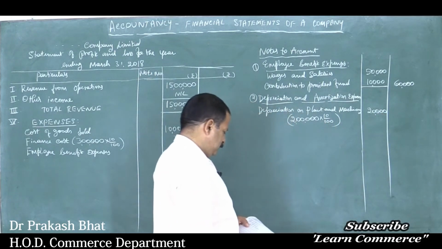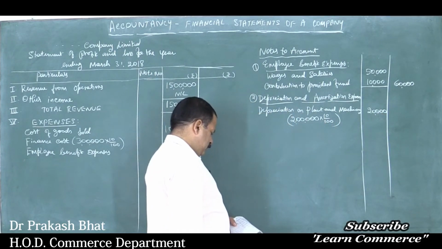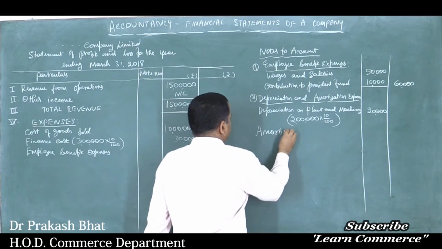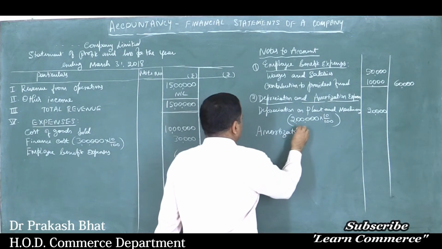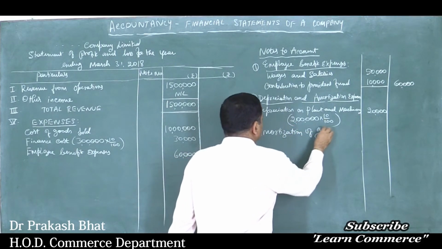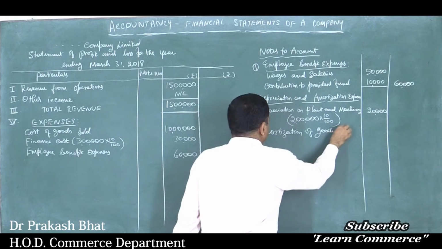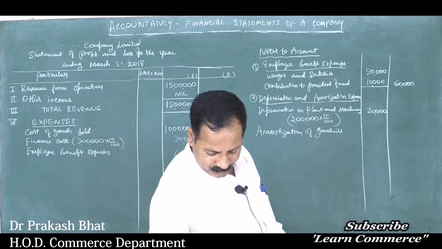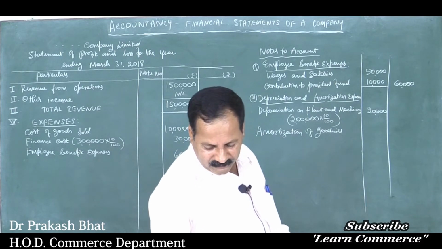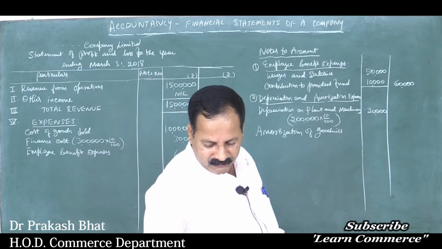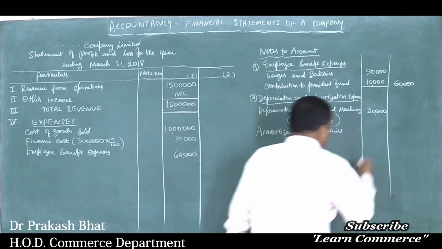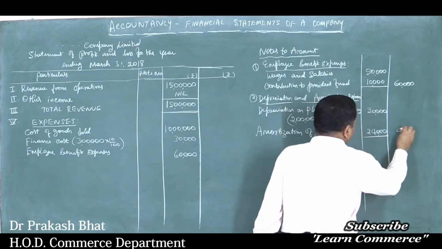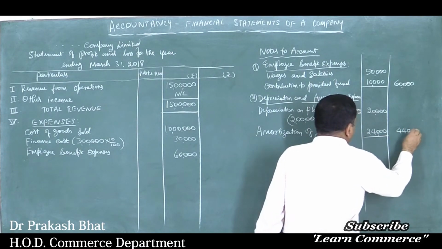Then amortization of goodwill. They told the value of goodwill is 2,40,000 and straight away gave 24,000, so no need to calculate. Write the same amount. Write the total amount in the outer column, 44,000, right? Yes, that's all.